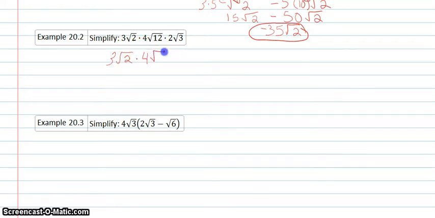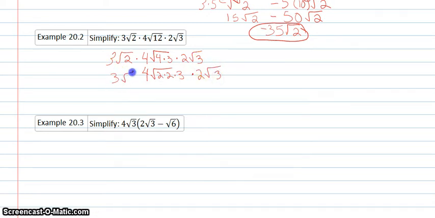We have 4 times the square root. Now I can break the 12 up as 4 times 3, and times 2 square roots of 3. And this again can factor, so 4 square roots of 2 times 2 times 3. Then times 2 square roots of 3 stays the same.